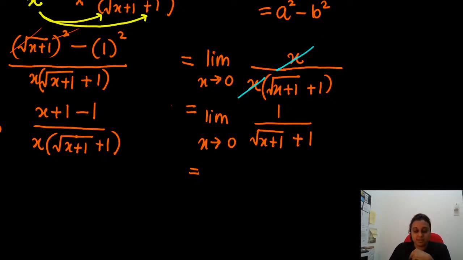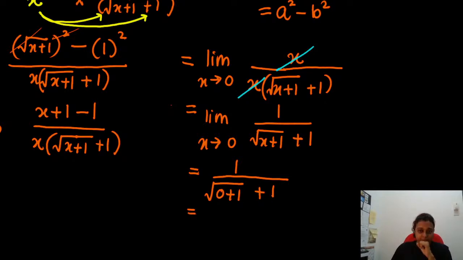Since I'm substituting the 0 into the x, now I don't need to write the limit already. So it will become the cube root of 0 plus 1, plus 1. So what answer do we get here? You'll get 1 over the cube root of 1, which is 1. 1 plus 1 is 2. So your answer is 1 over 2, the limit.